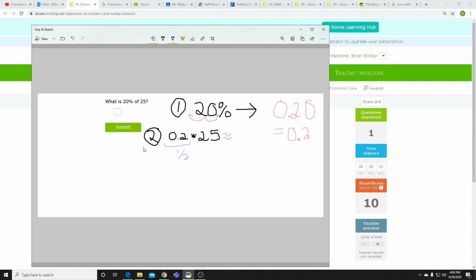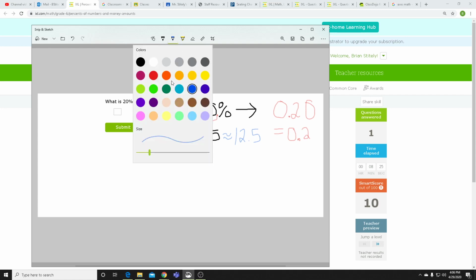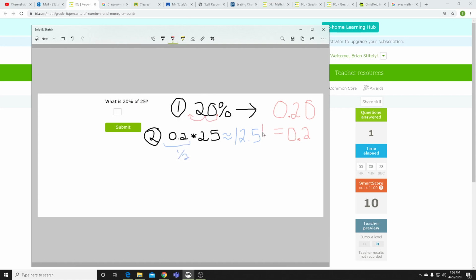Half of 25, well, I know half of 24 would be 12, but then we have one extra to split up to get to 25. So our estimate would be half of 25 would be about 12.5. But we know we're not actually finding half of 25, right? Half would be 50%. We're only finding 20%. So we know that our estimate 12.5 is kind of reasonable, but it's going to be less than that.